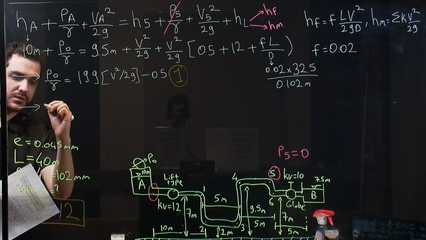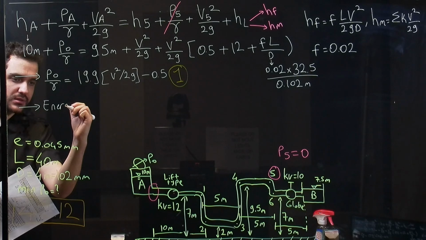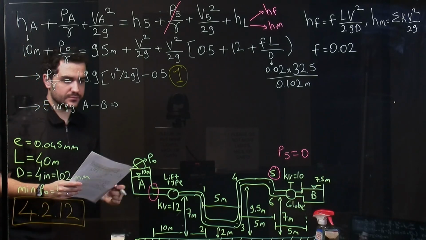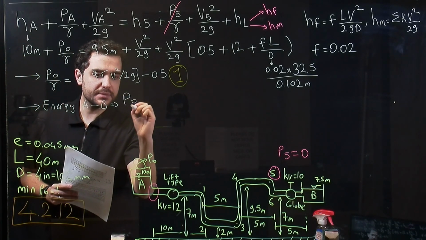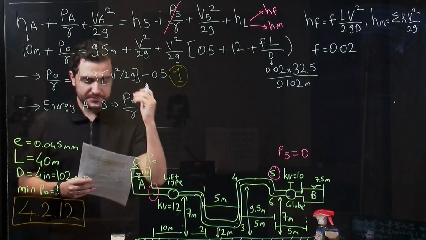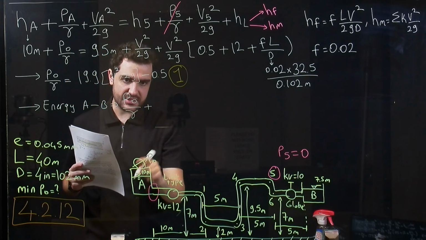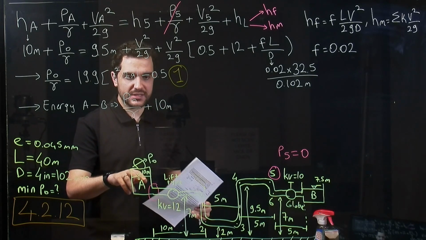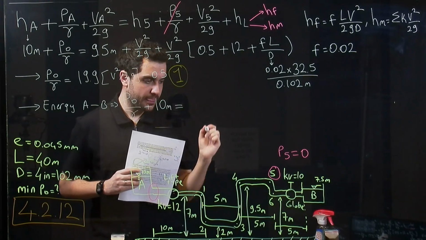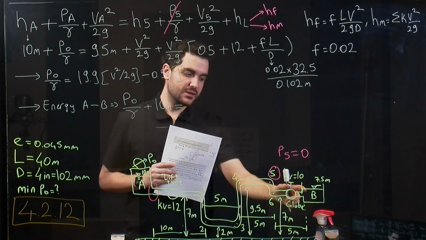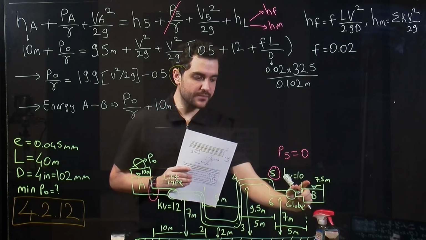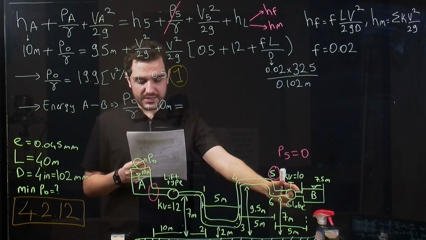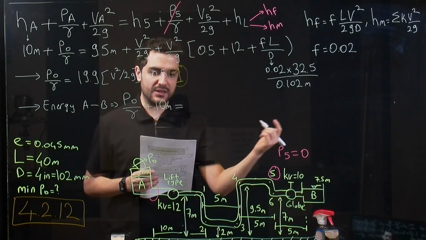So let me write that. Energy A to B: PO over gamma plus the elevation 10, and we don't have velocity here, and for point B again we will eliminate velocity because it will be 0, and also the pressure will be 0 as well because it is open to atmosphere, so that we will have this elevation and head loss.